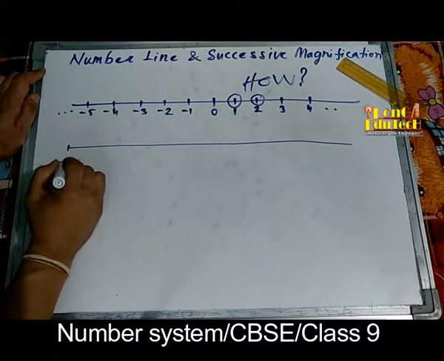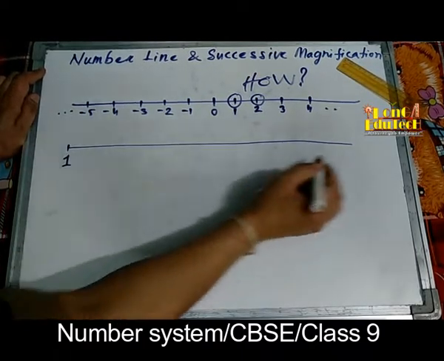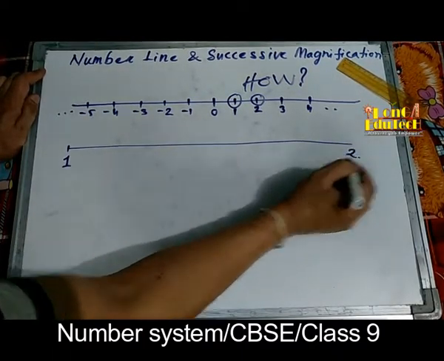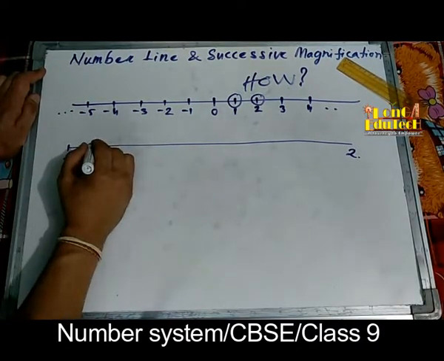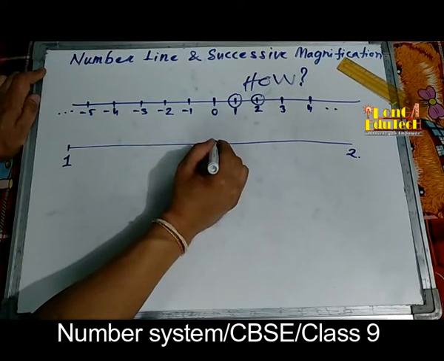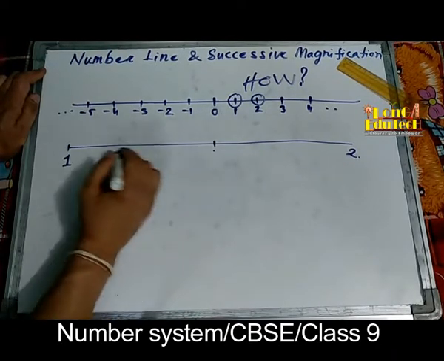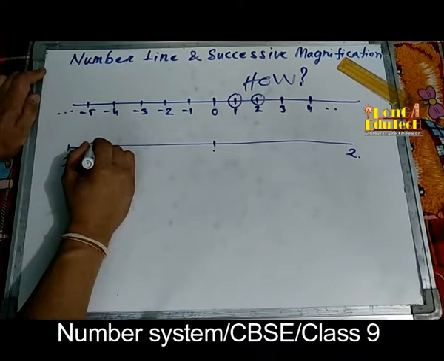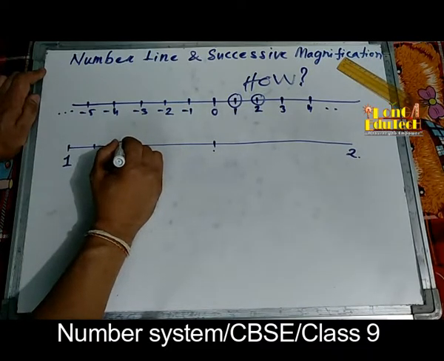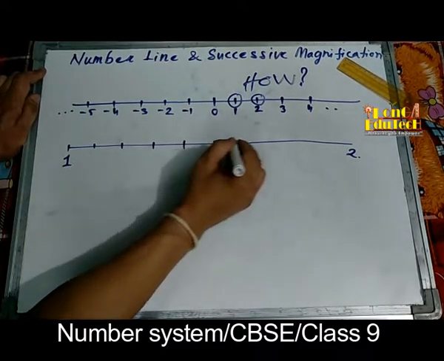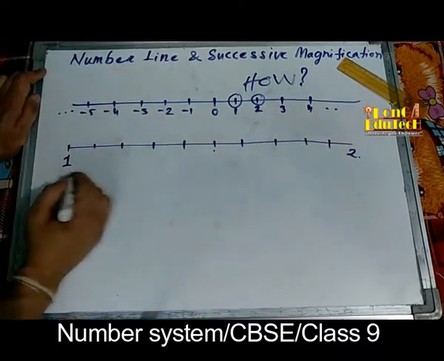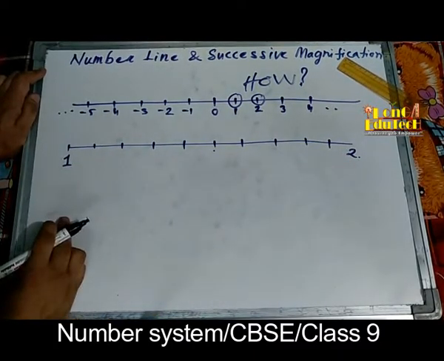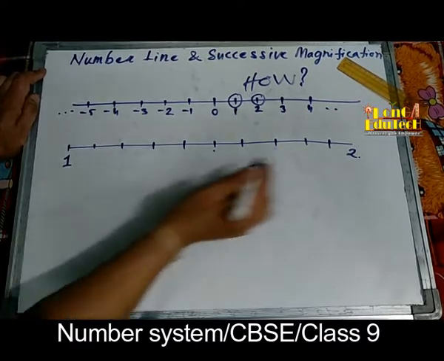So you take 1 and this is 2. It is not scaled properly. So how many numbers will be here? That is the question, right?